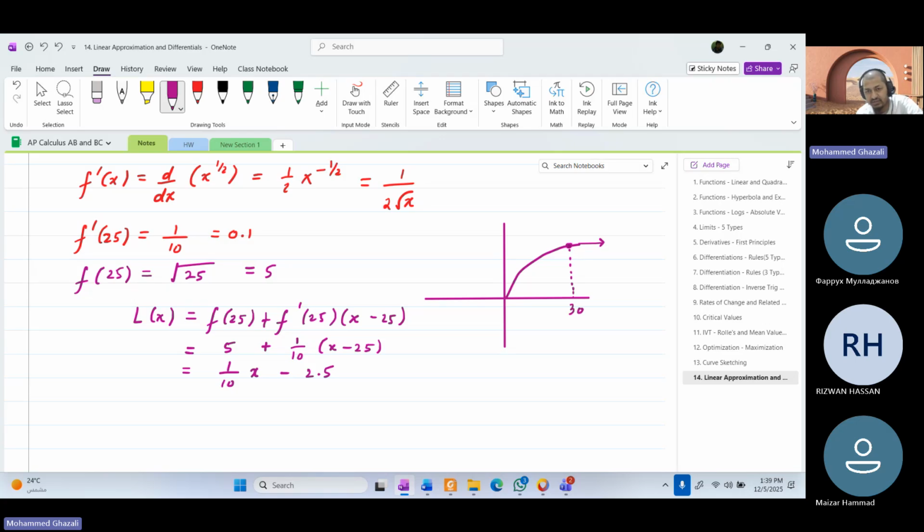But we did not take 30. We took a tangent line approximation at 25. So you've got a tangent line approximation going something like this, but the slope of the line is a bit off.